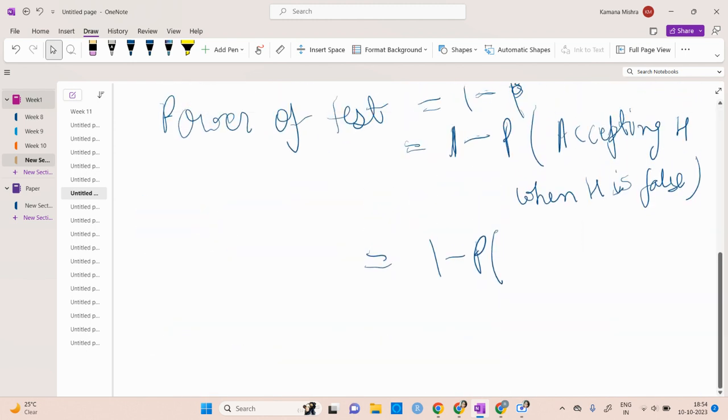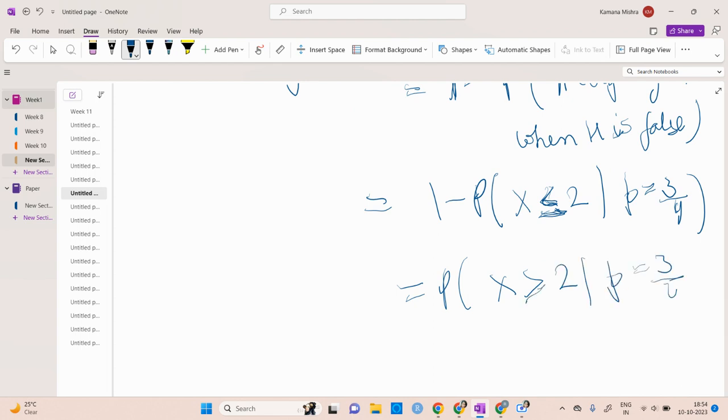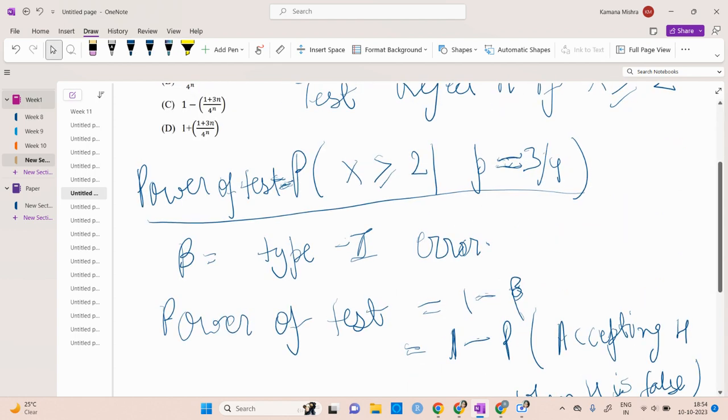So accepting H means X is less than or equal to 2, right? Given H is false. H is false means P is equal to 3 by 4. Now this will imply probability X greater than or equal to 2, P is equal to 3 by 4. So this is the power of the test, which I have written here.